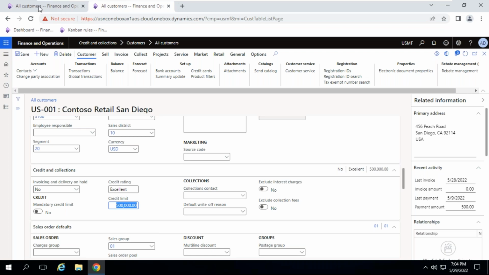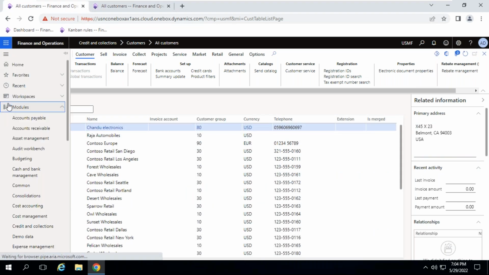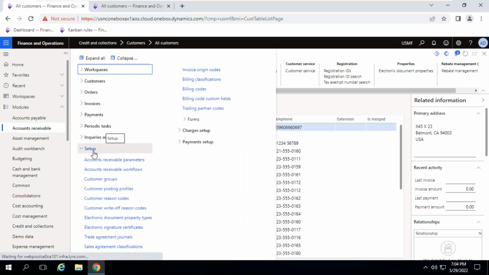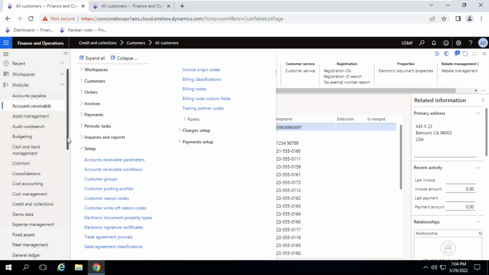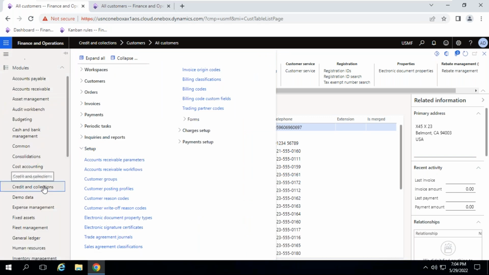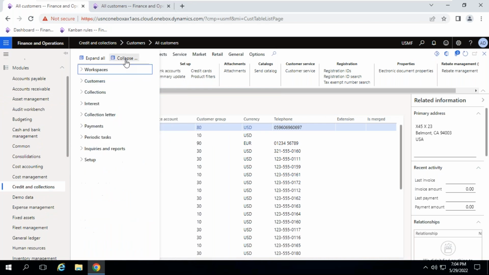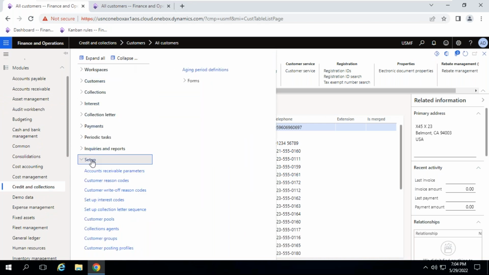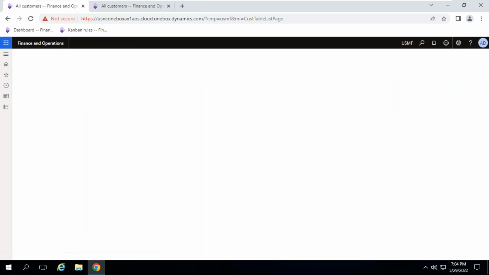All those conditions you can set here in accounts receivable parameters, under credit and collections.